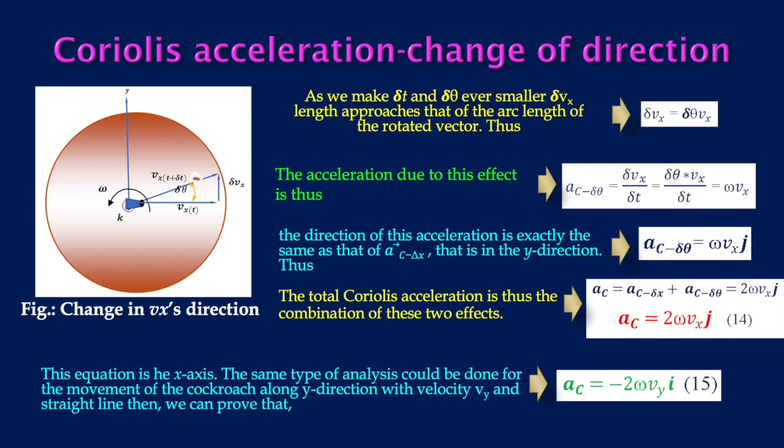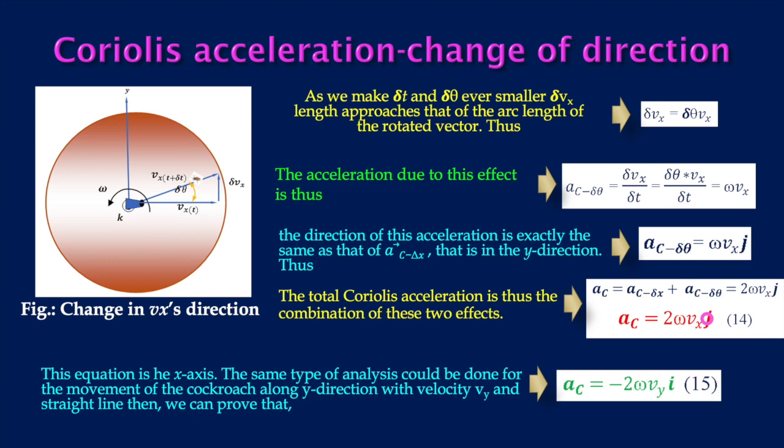And as I have told you, the cockroach is not necessarily moving in the x direction. It can also move in the y direction. If it is moving in the y direction only, then our equation 14 will be replaced by 2 omega vy i, where vy is the velocity of the cockroach with respect to this moving reference system in the direction of y, and then this j will be changed to i.